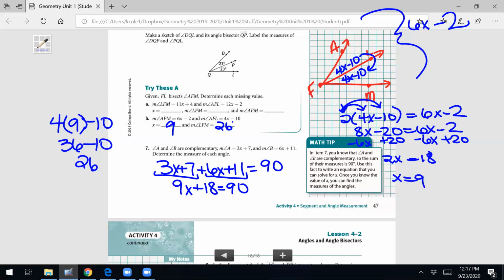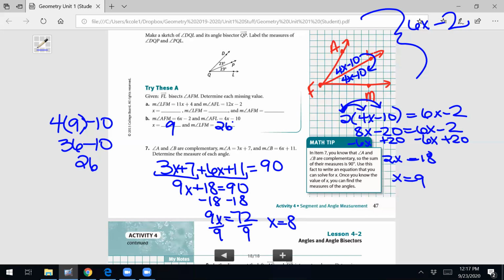All right, how do I get x by itself? Thank you. Subtract 18. 9x now equals 72. Divide by 9. X equals 8, but that's not what it asks. It wants to know what is each of their measures.